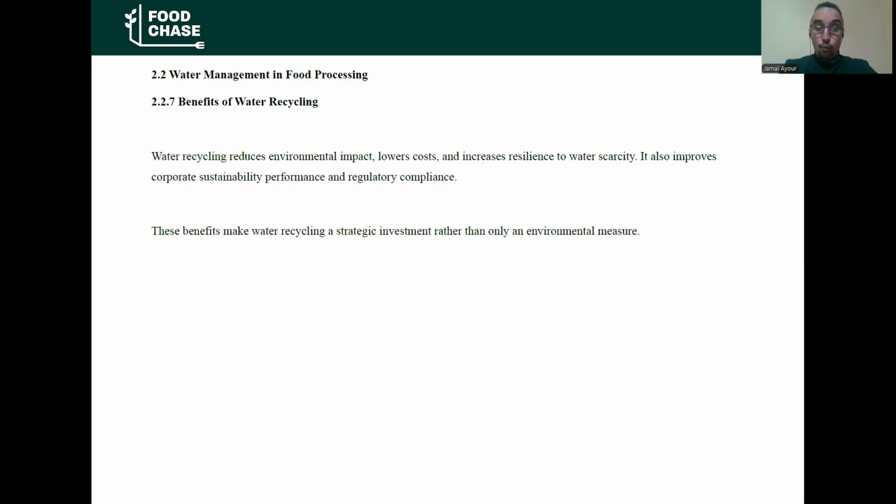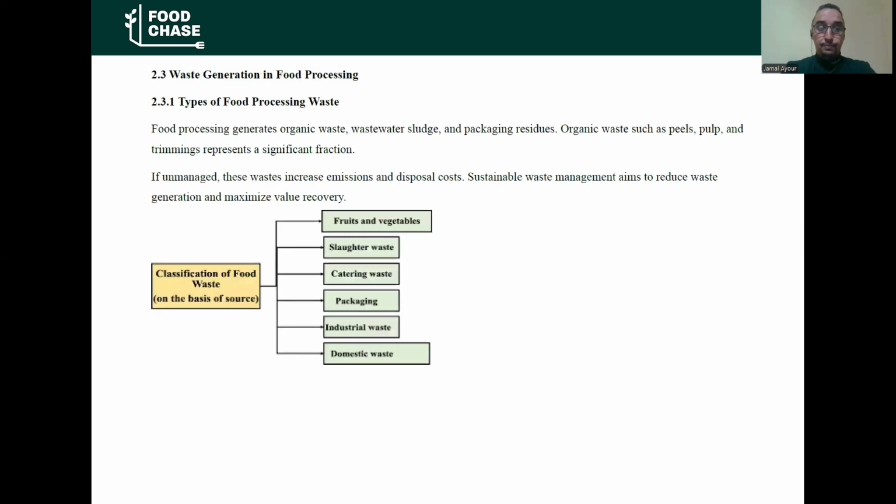These benefits make water recycling a strategic investment rather than only an environmental measure for different industries, because this question is also a cost question and a quality question for the product. It is also a question of transparency with the consumers, and of making a high quality product for the consumers.